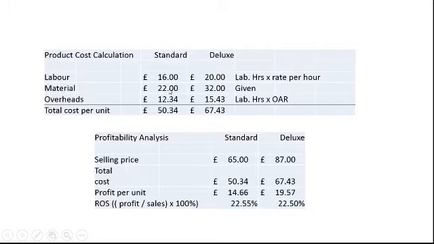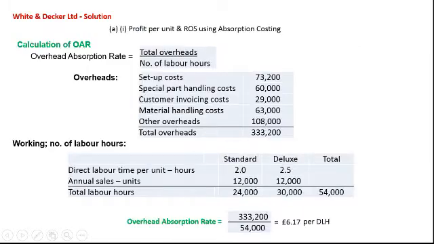Material, we were told that it's 22 pound for standard and 32 pound for deluxe, and that is given in the question. If it was not directly given, we would have worked out how much material is needed for standard and how much for deluxe. Now overheads: we have already worked out our overhead absorption rate, 6.17 pound per labor hour.